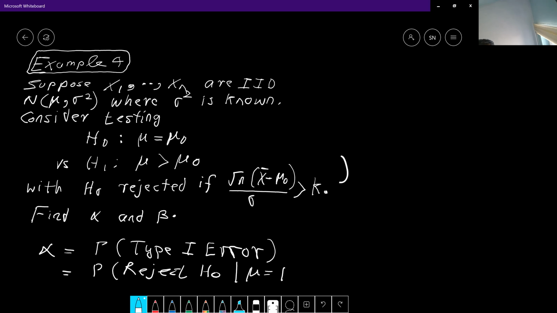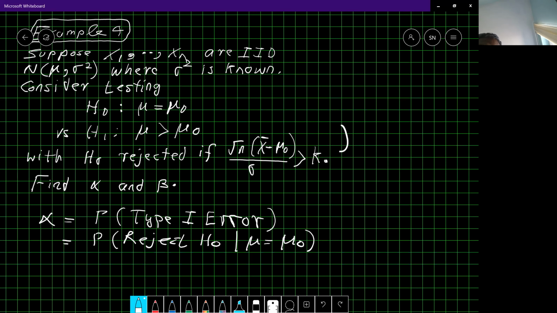So in this example, we are testing for the population mean mu equal to some constant mu0 versus mu greater than mu0. And we have a random sample from a normal population with population mean mu and population variance sigma squared, which is assumed to be known.